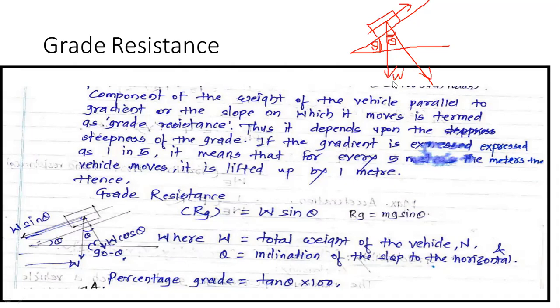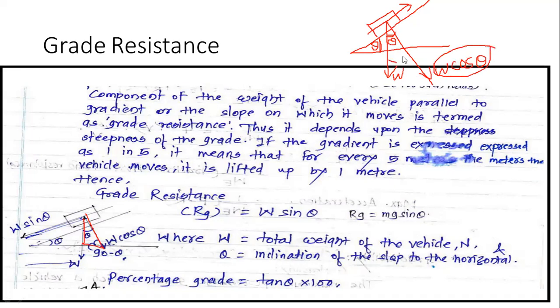So if we resolve W along this line, it will become W cos theta. Here how will this be theta? Here it is shown. We are just going to consider this triangle. So this is W cos theta.